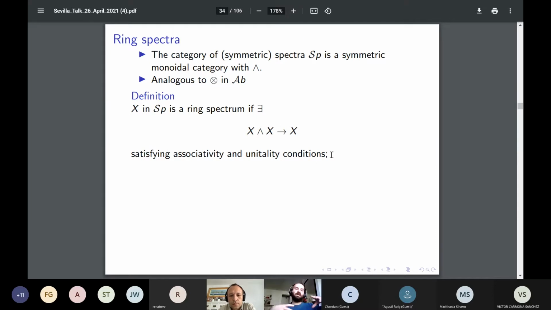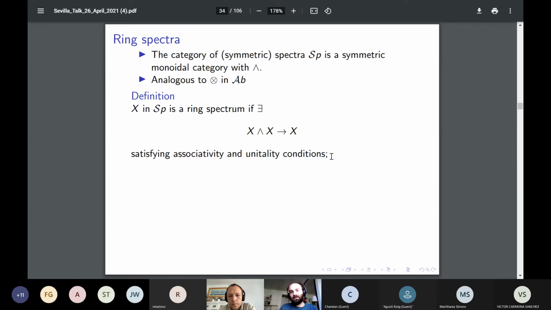These conditions would also be given by diagrams, so it's defined in a categorical manner. And this is how you could define a ring in the classical sense too. You can say a ring is an abelian group for which there's a map from R tensor R to R, which satisfies associativity and unitality, right? It's a bilinear map.